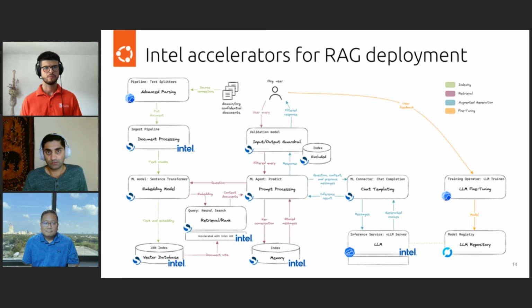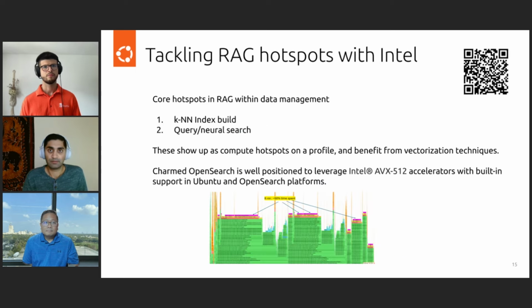I will go over a sample hotspot in the next slide, where we will be looking at what Intel can do. This example will walk us through a hotspot that occurs in the data management portion of the RAG pipeline. The data management portion is the vector database that is powering the RAG.